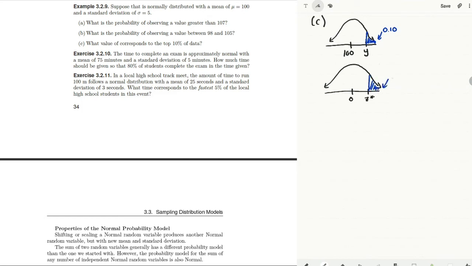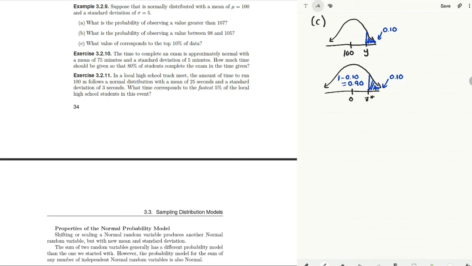And then we can use the z-score formula and work backwards in order to find the value of y. And keep in mind that the z-table gives us areas to the left of z-scores. What we need to do is determine the area to the left of z star. So we can use the complement rule. So if the area to the right is 0.1, then the area to the left will be 1 minus 0.1, which is 0.9.